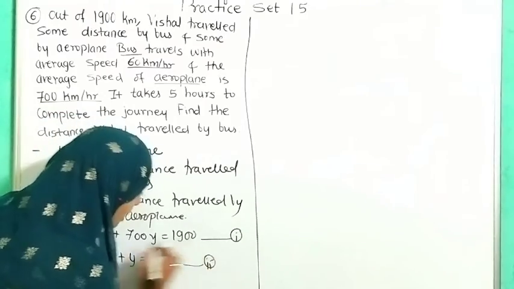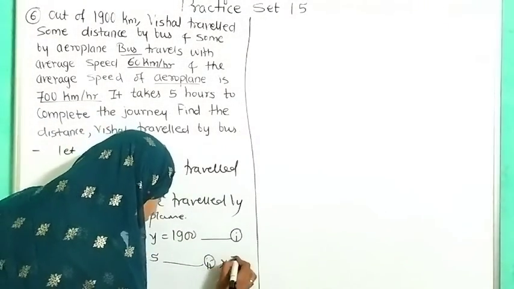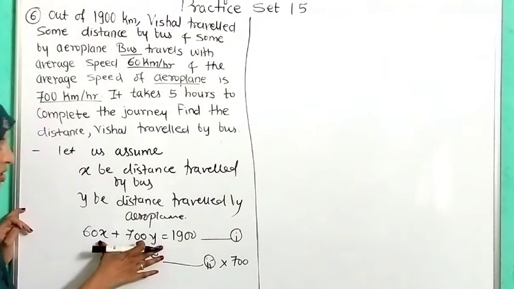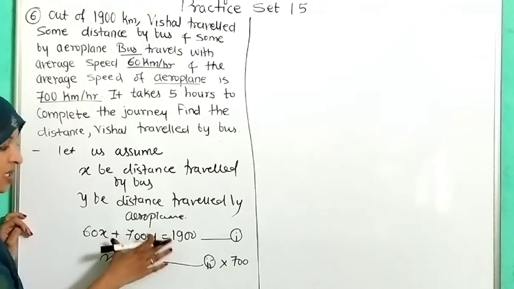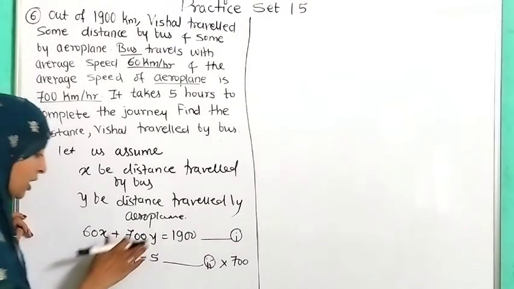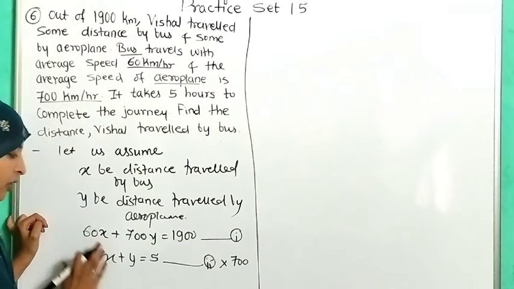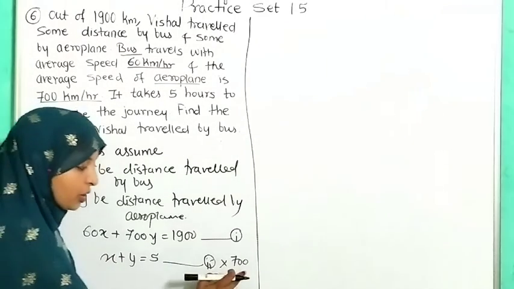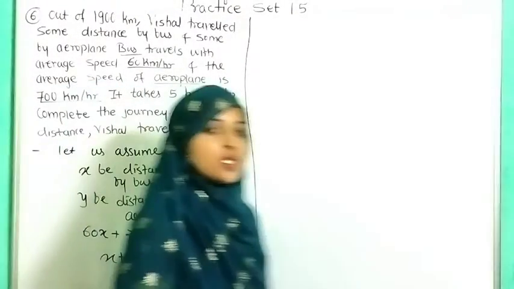Now see here, we can modify equation number 2, means we can multiply equation number 2 by 700 to get an equation similar to equation number 1, because our intention is to eliminate one term to find another term. So for this we are going to multiply equation number 2 by 700.